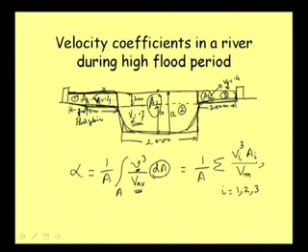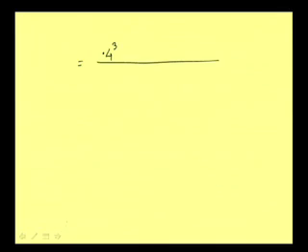Say this is equal to, we already considered that velocity in section 1 is 0.4, so it is 0.4 cube, and then the sectional area. Let me consider the width as 100 meter, then it will become simpler.